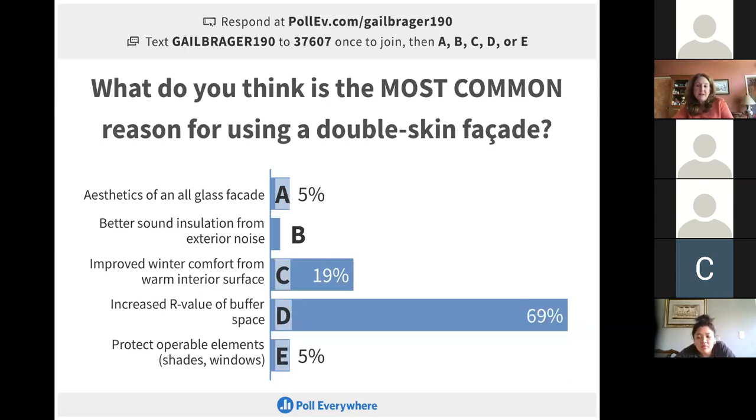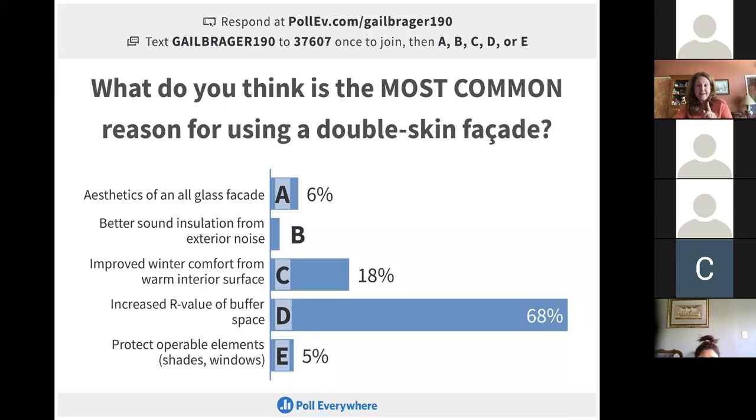Well, the first thing I'll say is that all of these are reasons. The double skin facade does do all of these things. So there's not a wrong answer. The question was clearly written as, what do you think is the most common reason? And I don't know for sure, but I've talked to engineers, and I will say that D is not the answer I get from people.